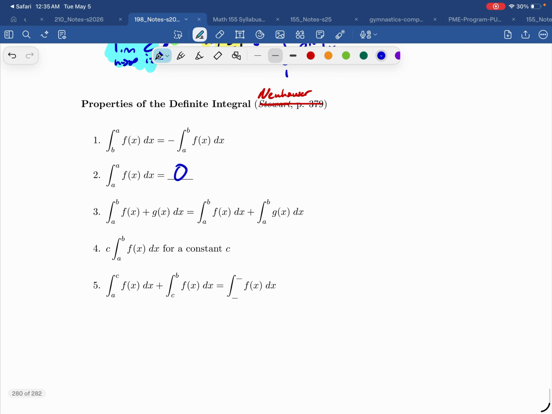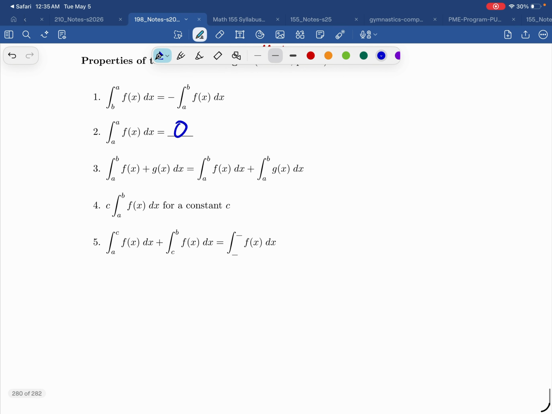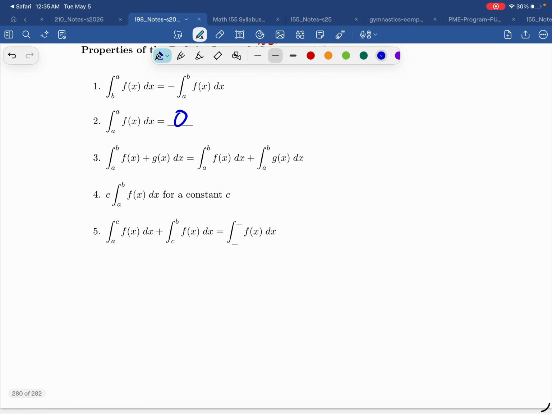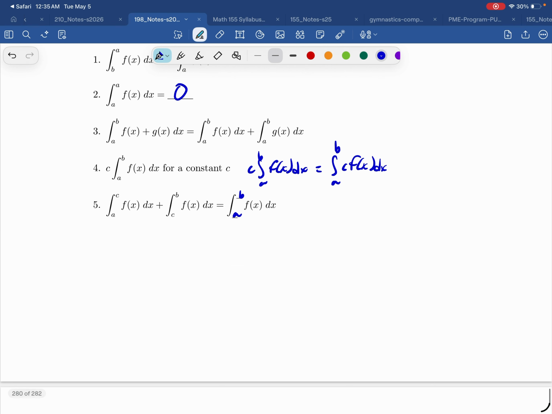You can split the integral over sums. I didn't write this one out, but it's the same way that derivatives work well with constants: integrals work well with constants. And it turns out if you integrate from a to c, and then c to b, this is the integral from a to b. Okay, and that's all.